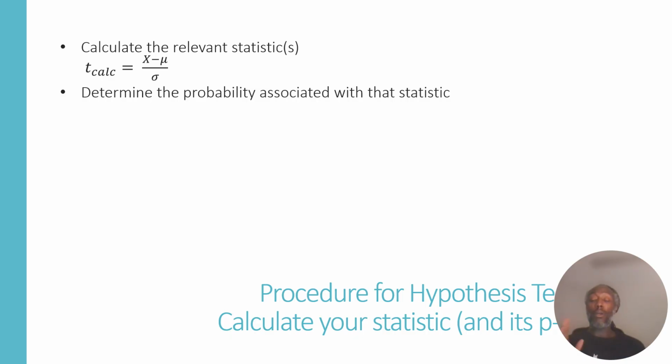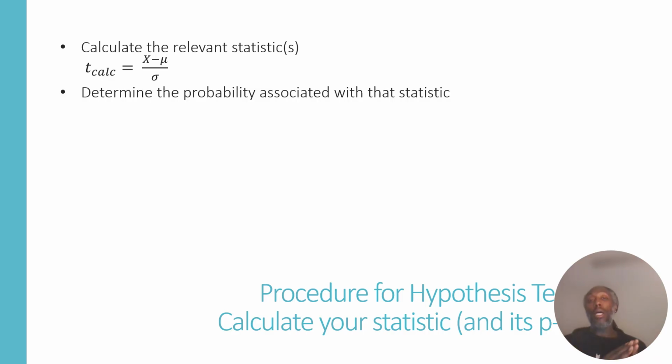So we know that we have a critical value that we're comparing our calculated statistic to. We will calculate that statistic, and then we'll figure out the probability of getting that statistic at random. That probability is also known as a p-value. Each statistic is associated with this p-value, and if you're using critical values to compare, you'll compare the statistic.